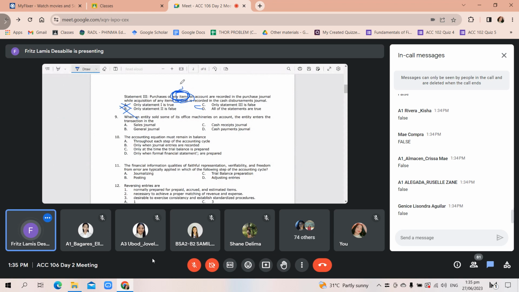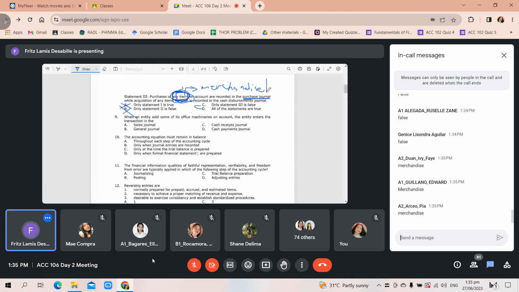Because ang ginabutang lang nato sa atong purchase journal kay purchases of what? Dili any items. Purchases of specific merchandise or inventory. Merchandise or inventory. Depende kung unsay imong term ana.